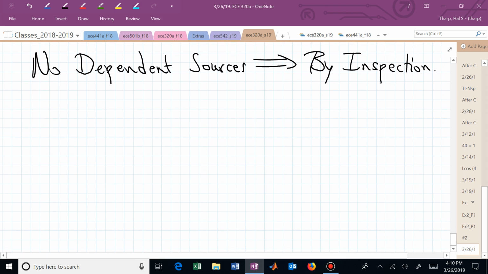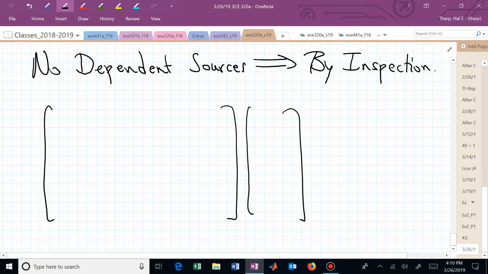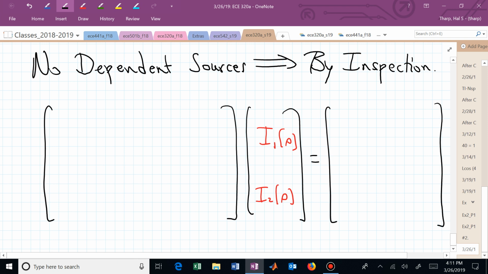What I'm now saying is we have some matrix, times I sub 1 of s, I sub 2 of s, and that's going to equal some collection of voltage sources on the right.